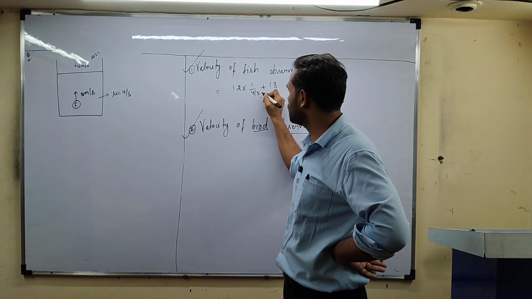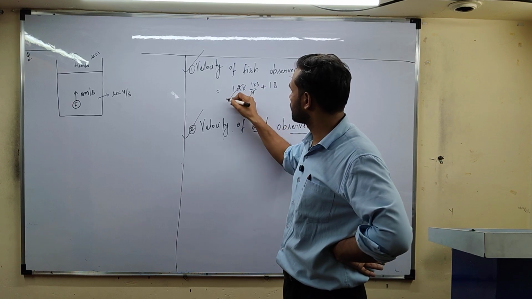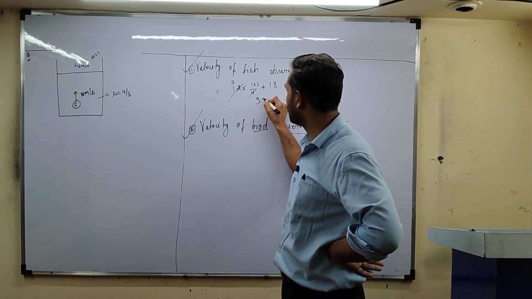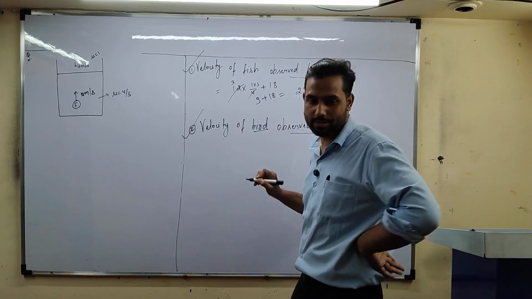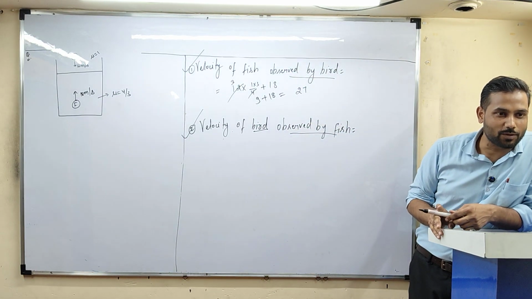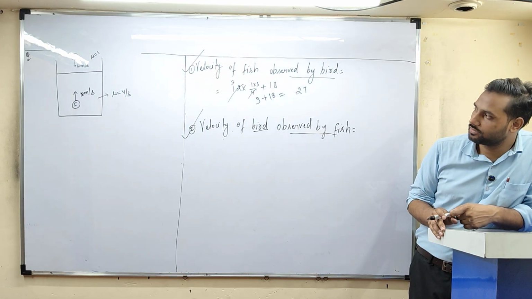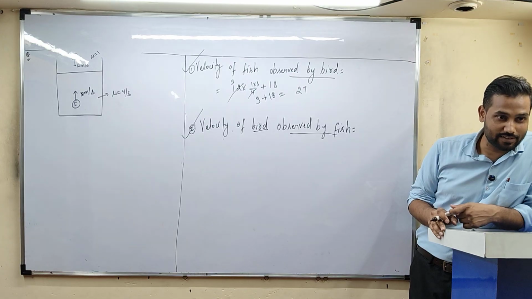Then after solving, what you will get? You can write this 3 here. 3, 9 plus 18. That equals 27. Is it true? Yes or no? What do you think, is this answer right or wrong?